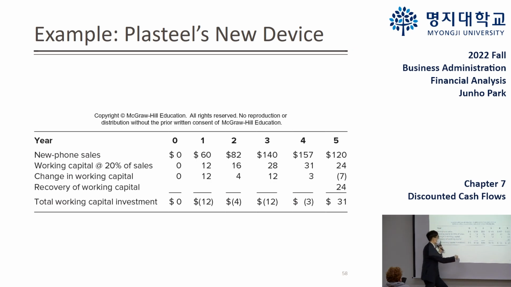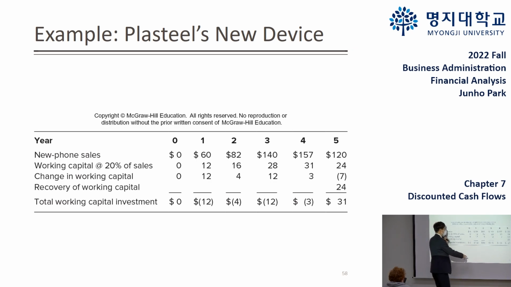But in the first year, we estimate that the sales will be 60, and because 20% of 60 is $12 million, you need working capital of 12. And we didn't have working capital yet, so we are going to put 12 into working capital. So we have a minus 12 as the cash flow.